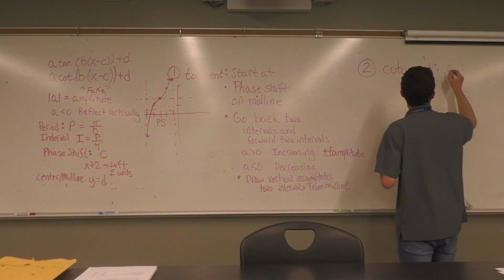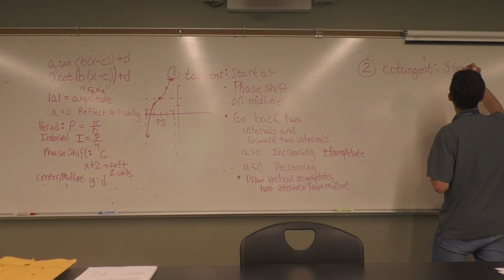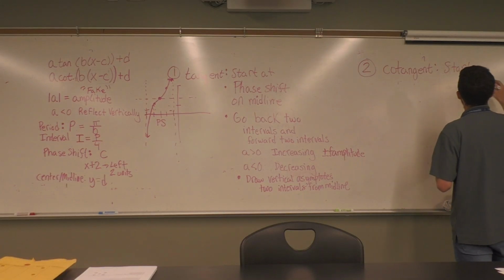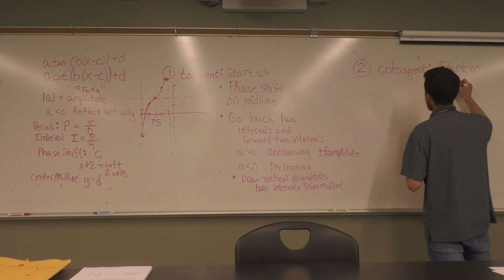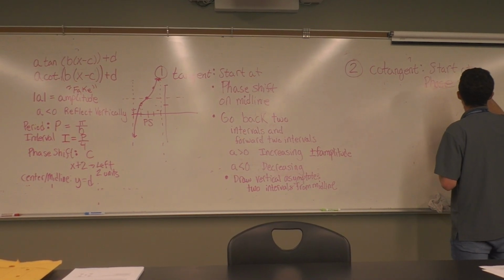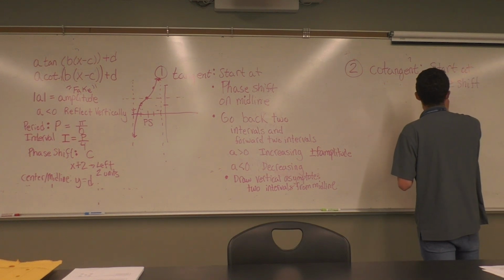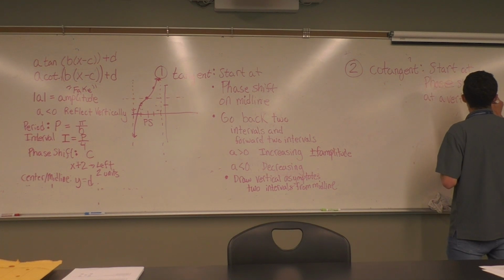Cotangent. Start, that's a typo. You try to write and talk at the same time. Start at the phase shift. Common theme, huh? Common theme, start at the phase shift. At a vertical asymptote.